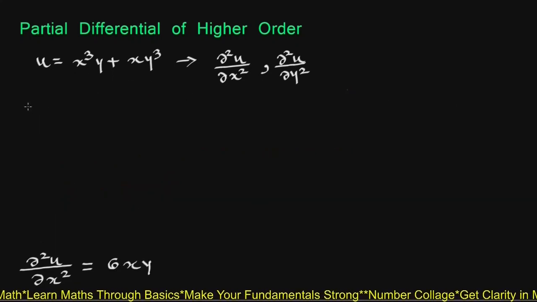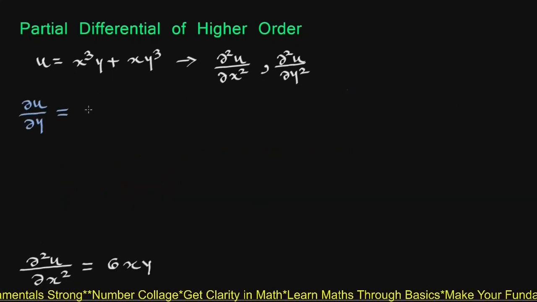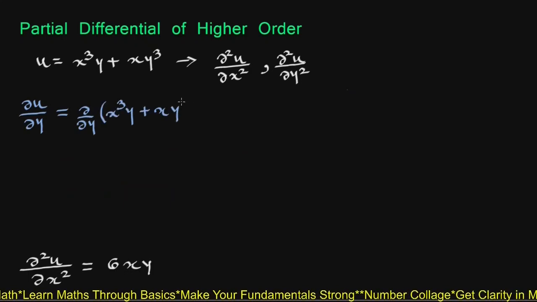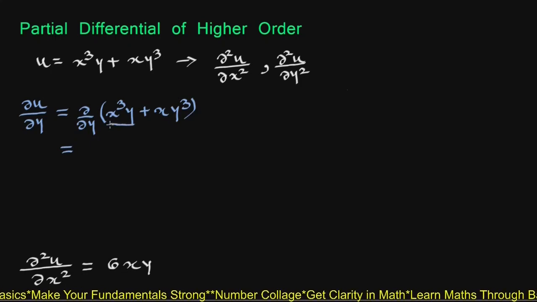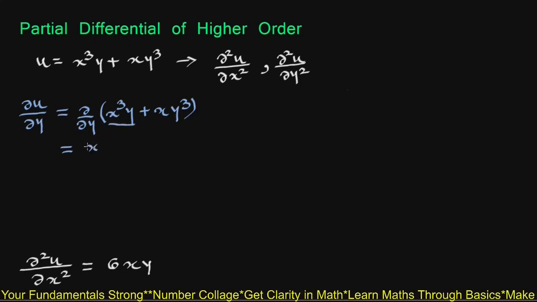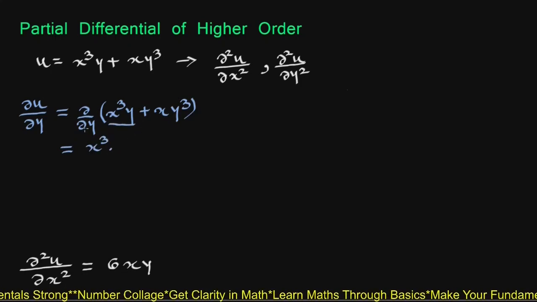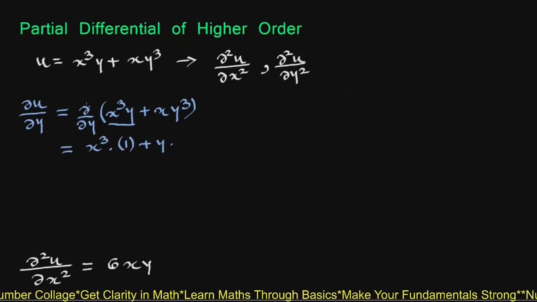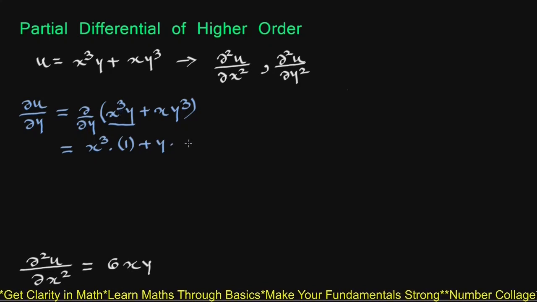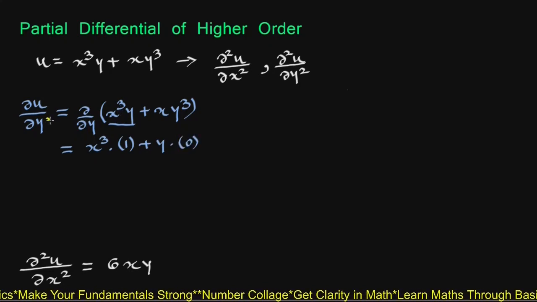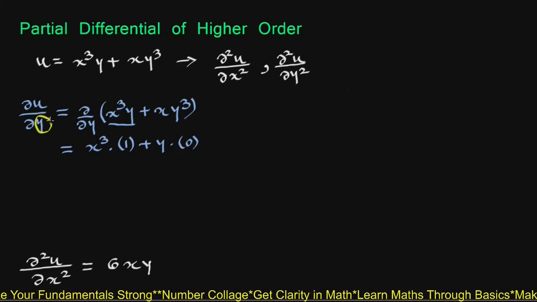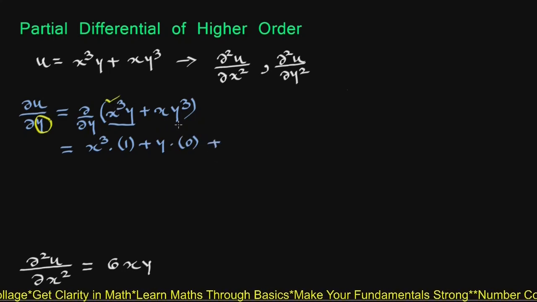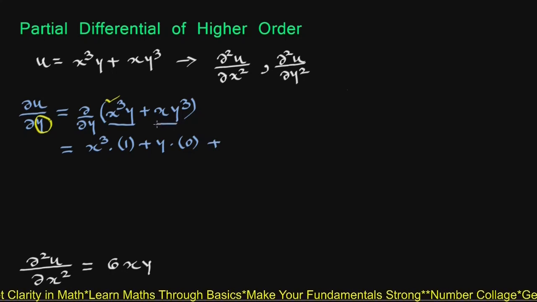Now we have to find ∂u/∂y, that will be ∂/∂y of x cube y plus xy cube. For x cube y we have to use product rule, so x cube into ∂/∂y of y will be 1 plus y into ∂/∂y of x cube will be 0, because it is partial differentiation with respect to y, so x is to be treated as constant, plus now we will partially differentiate xy cube.